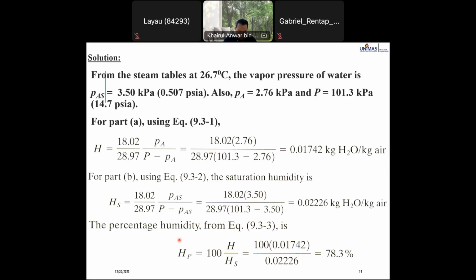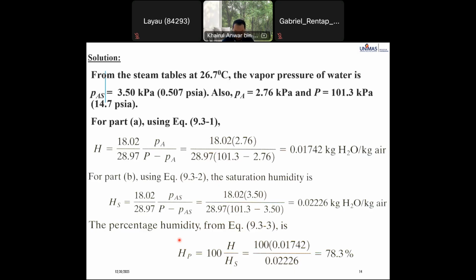So from the steam table at 26.7 degrees C, the vapor pressure of water is 3.5 kilopascal. Also, PA equals 2.76. PA refers to the partial pressure, with P being 101, which is the atmospheric pressure.